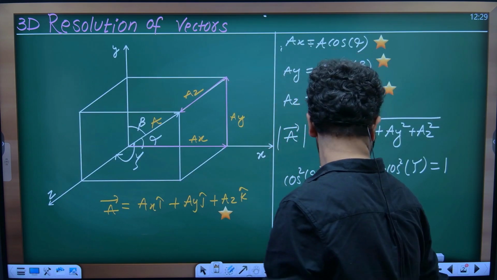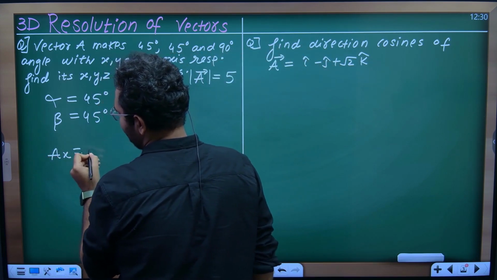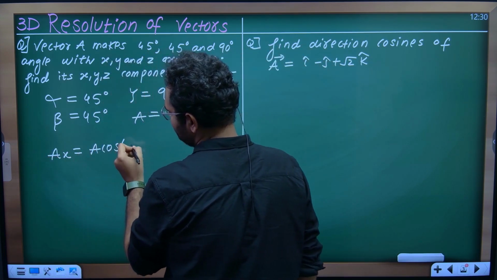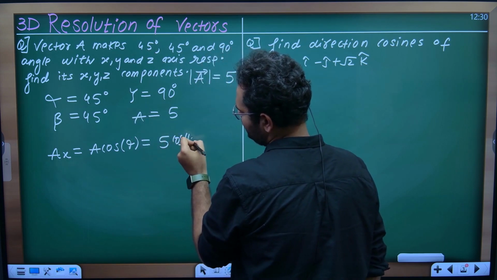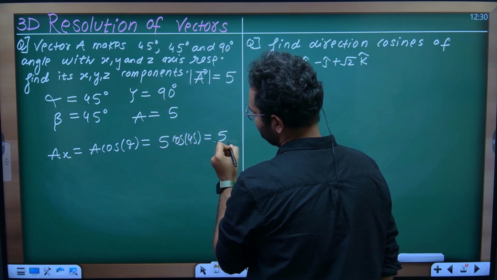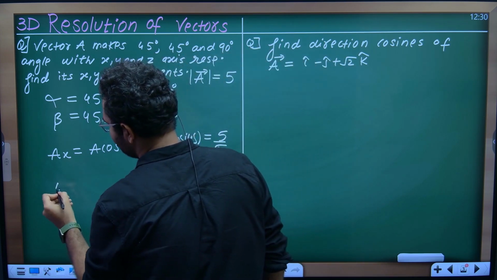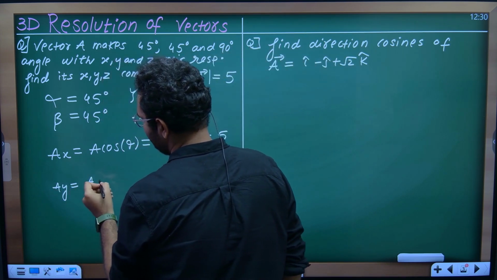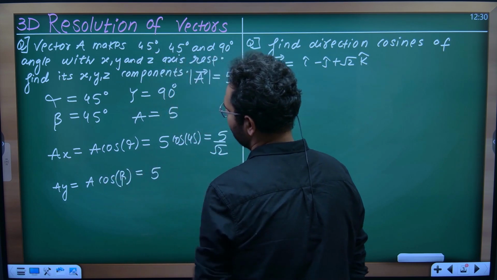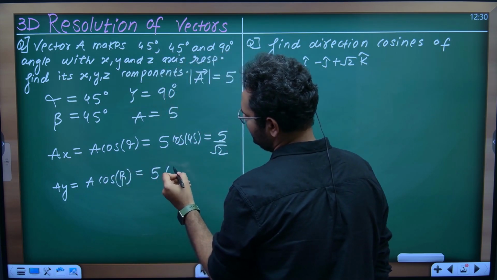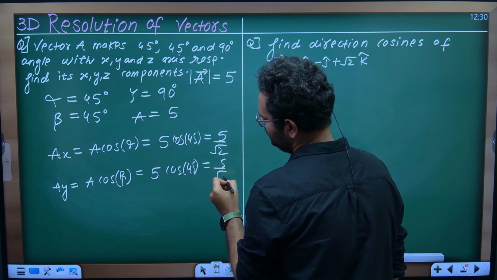Okay. Yes, sir. So let me write. Ax is equal to simply A cos alpha. Therefore, 5 cos 45. Cos 45 is how much? 1 by root 2. So the answer is 5 by root 2. Simple. Similarly, Ay I can write as A cos beta, that is 5 cos 45 because beta is 45, again 5 by root 2.